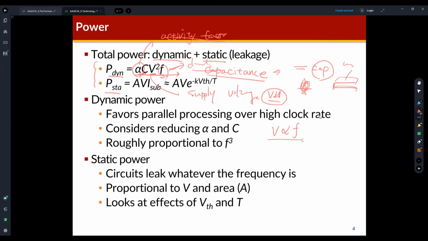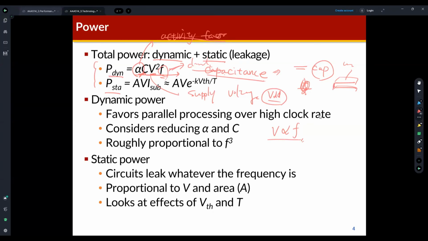If you are interested in overclocking an Intel CPU or AMD CPU, first we need to increase the supply voltage, then we increase the clock frequency applied to the CPU. So in the same technology, the voltage is proportional to clock frequency.